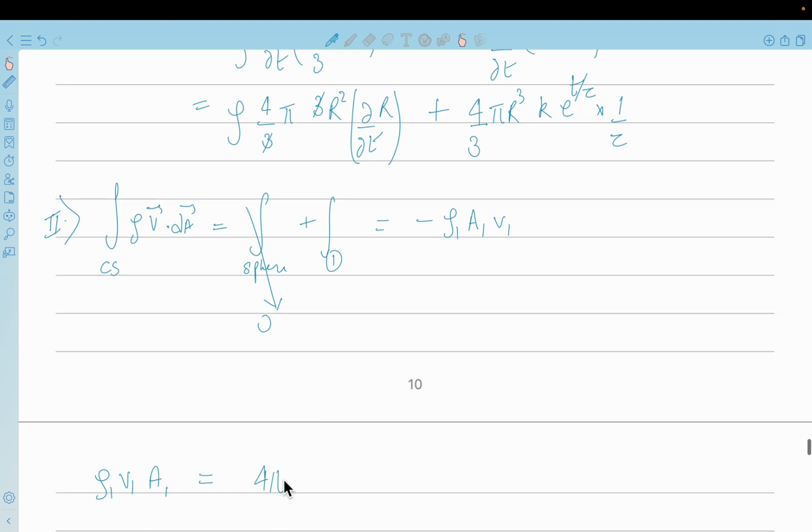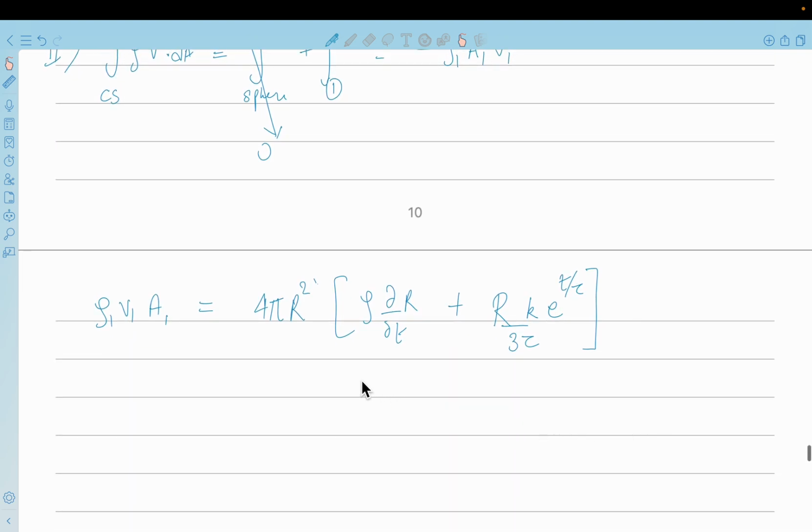Let me write 4 pi out, and I'll also take r square common, so 4 pi r square, and we are left with rho dou by dou t of r plus, since we have taken 4 pi r square common, we are left with r into k e to the power t by tau by 3 tau. Is that right? If I miss anything, just let me know.